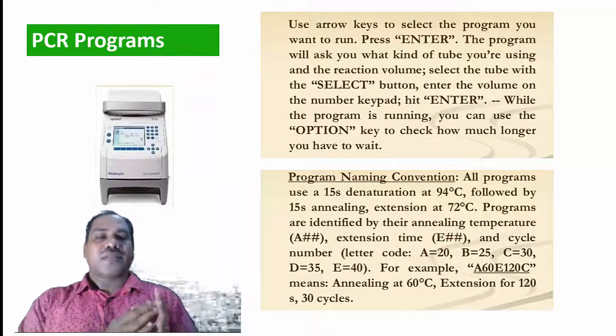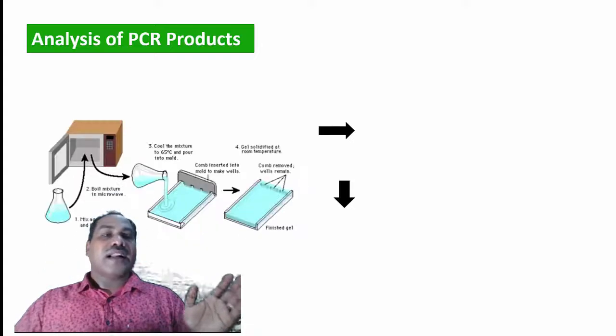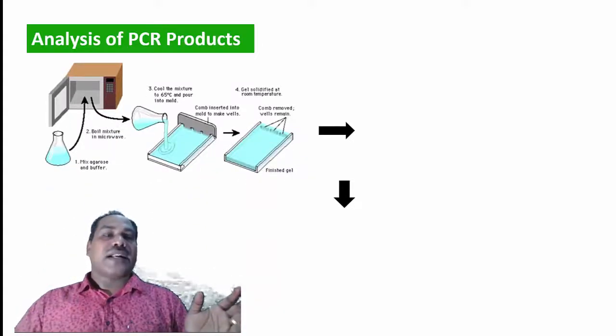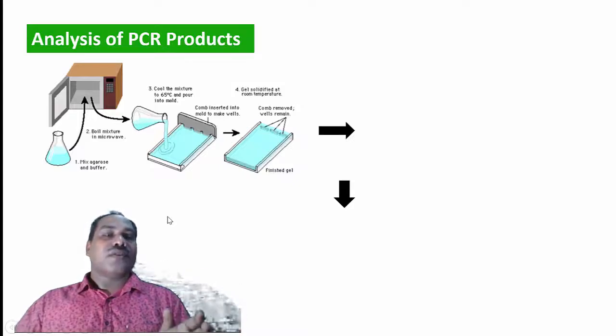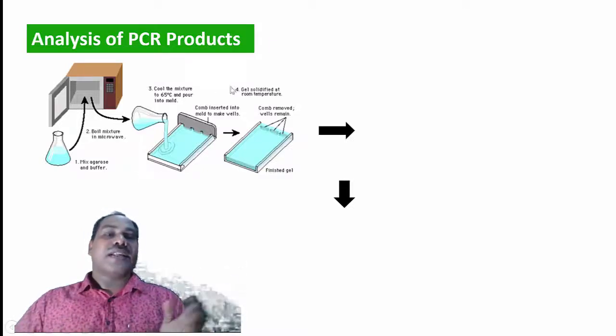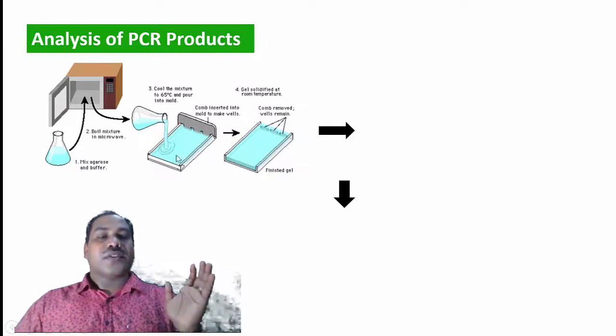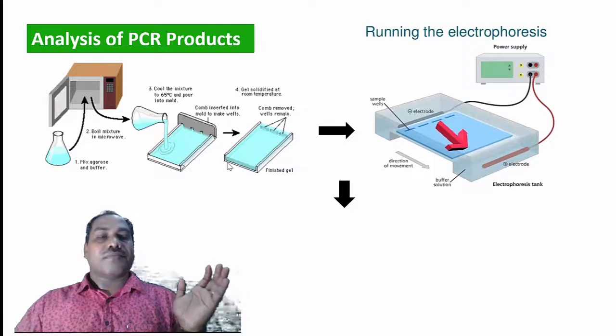After the completion of the PCR reaction, in about 1 to 2 hours, analysis of the PCR product will be carried out by gel electrophoresis. Agarose gel electrophoresis is used for the analysis of the PCR product. First of all, the agarose gel is prepared in the electrophoretic casting unit.